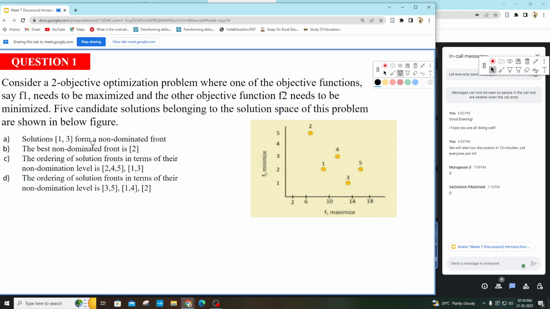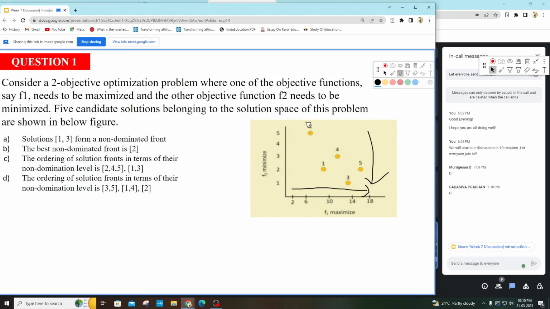So let's check the first statement, that solutions 1 3 form a non-dominated front. So where are 1 and 3? Let's see what we have to do with our objective problem. F1 we have to maximize, so our most non-dominated point should lie somewhere here, and F2 we have to minimize, so our most non-dominated point should lie here.